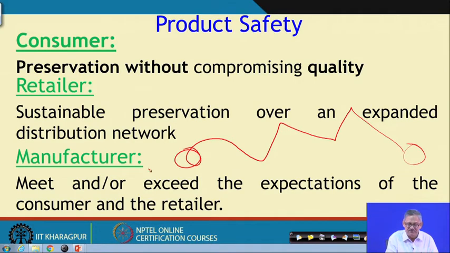So this fellow will say, to me, quality is that it should be sustainable in terms of preservation over an extended distribution network, right? And manufacturer will say, yes, we will try to exceed the expectation of both the consumer and the retailer, and that can be the safest food product, right?